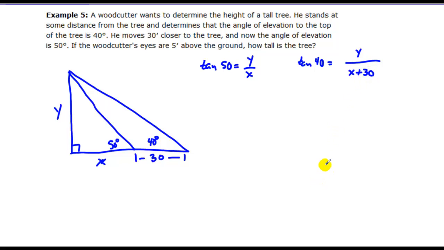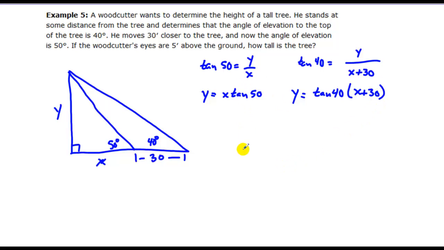So now you'll notice I have two equations, two unknowns. I can use a set of substitution. So y will equal x tan 50 and y will equal tan 40 times x plus 30.